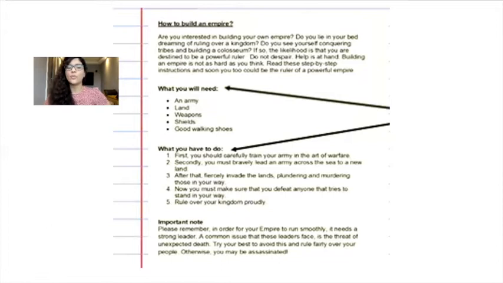Do you lie in your bed dreaming of ruling over a kingdom? Do you see yourself conquering tribes and building a colosseum? If so, the likelihood is that you are destined to be a powerful ruler. Do not despair. Help is at hand. Building an empire is not as hard as you think. Read the step-by-step instructions and soon you too could be the ruler of a powerful empire.